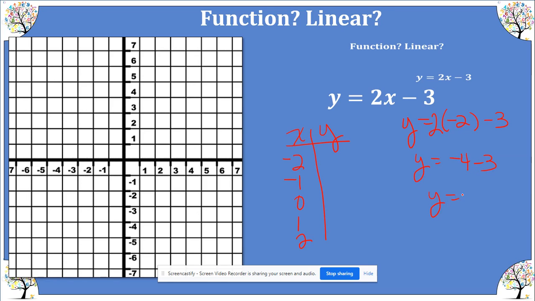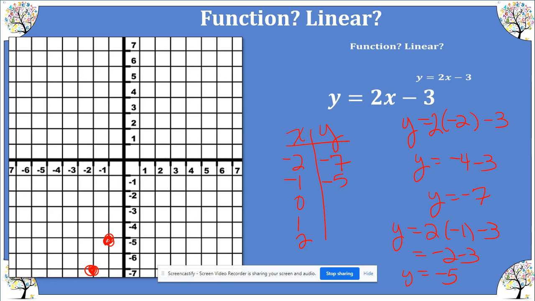We have y equals -7. So there is one ordered pair. Let's plot that, -2, -7 right here. Then we plug in -1 for x. We do order of operations and get a y value of -5. So let's plot -1, comma, -5.